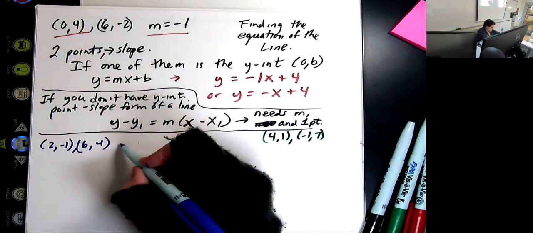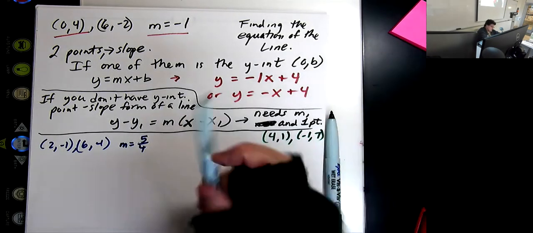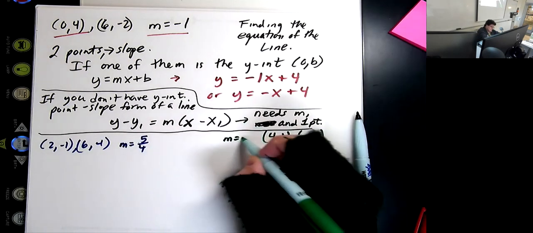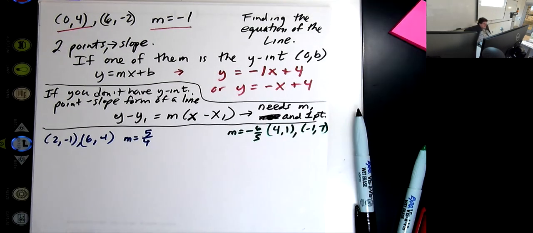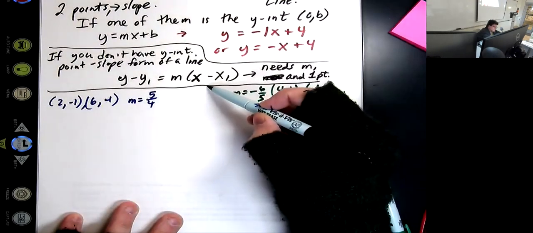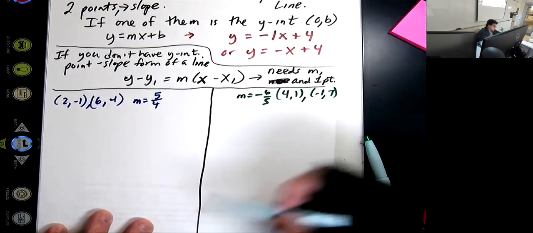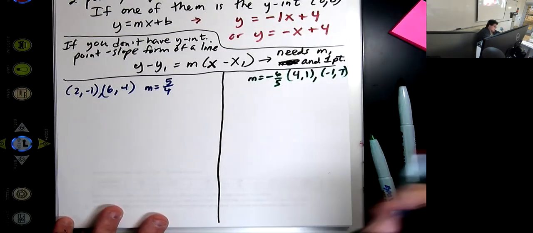Oh, here we had m equals 5 fourths. And here we had m equals -6/5. So we don't have to redo it. So I can pick any point to be the point number 1.